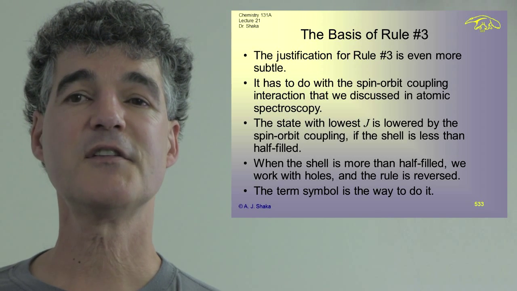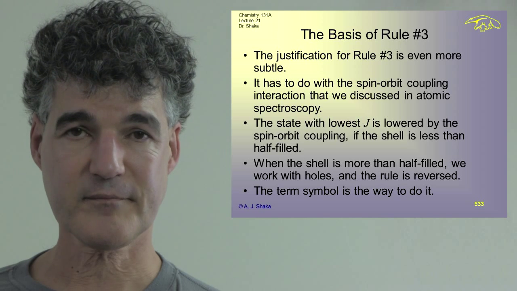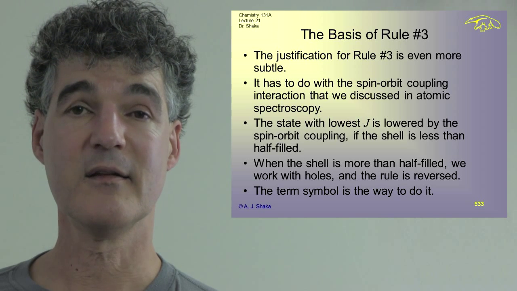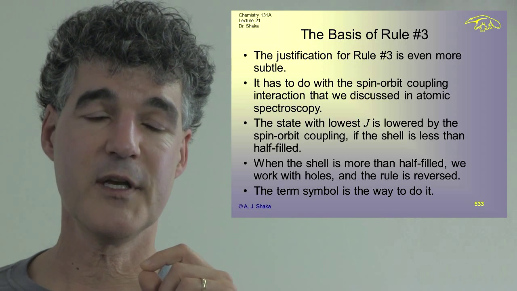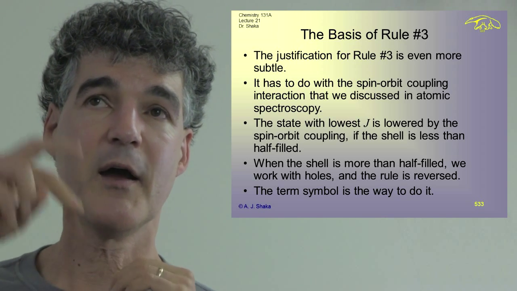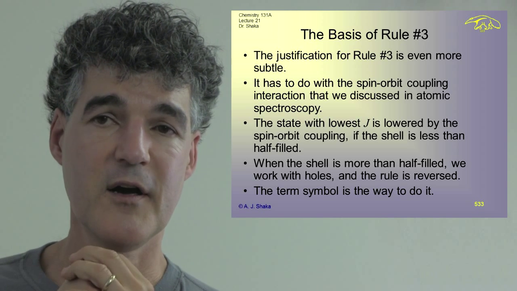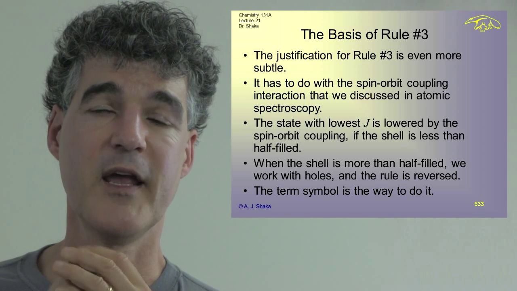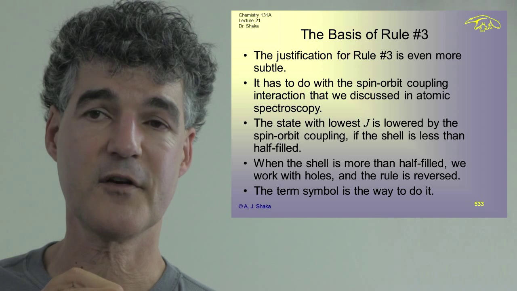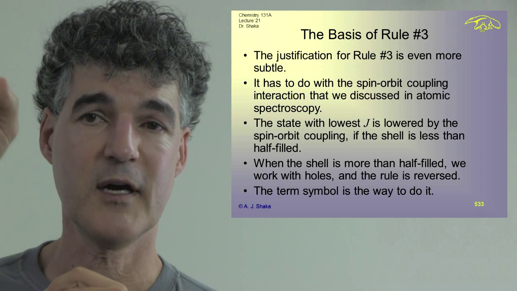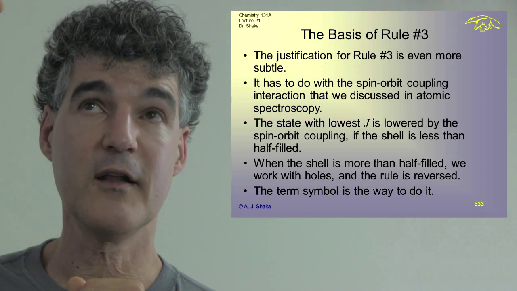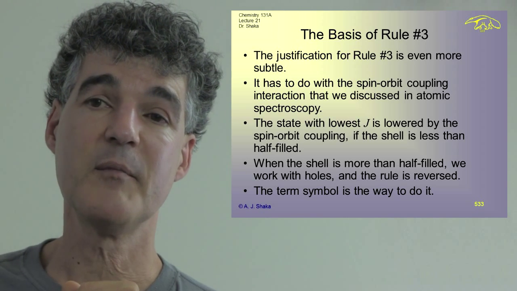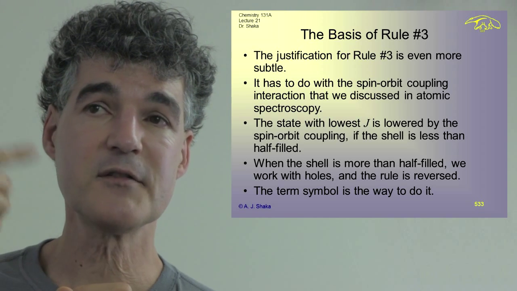The justification for Rule 3 is even more subtle, and that harks back to what we talked about with sodium. Why was there the splitting? Because we argued that we have an unpaired electron in the orbital up there, and it's got non-zero L if it's in a p state. That means it in some sense is going around something.